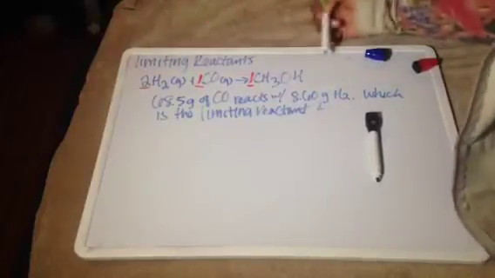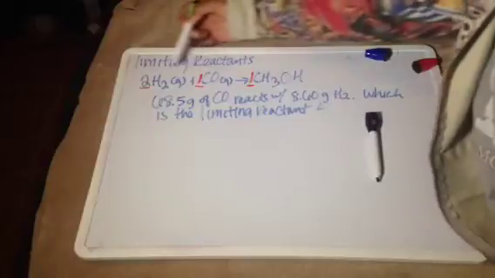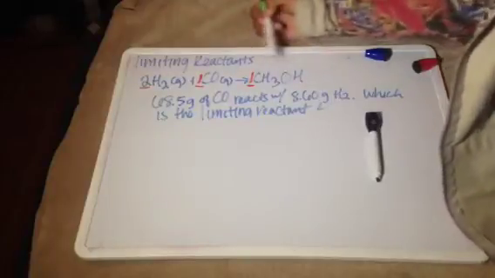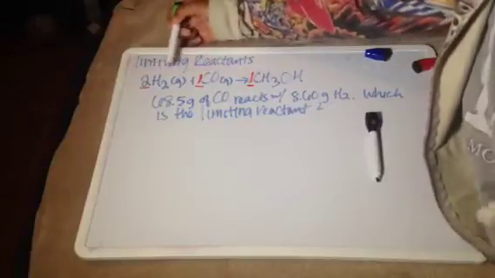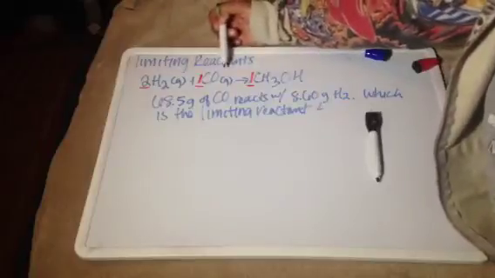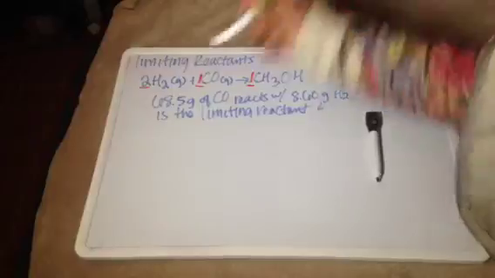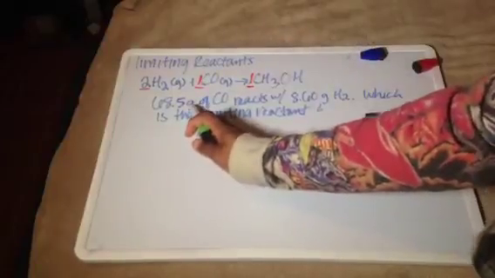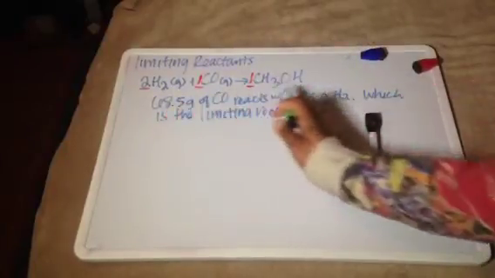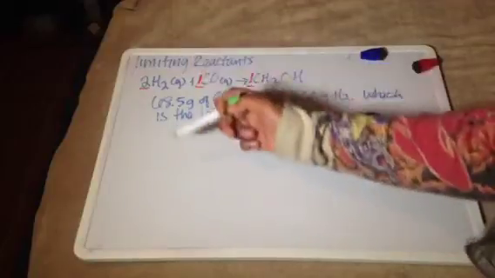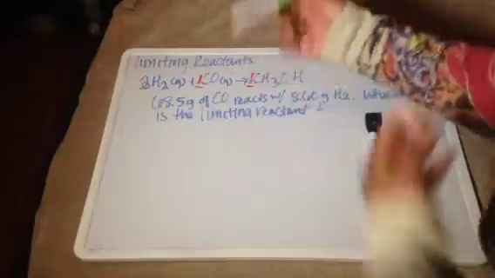And because this is set up so that it gives us data about each individual element and how they react to produce a product, that information is provided in moles. We have to translate this information into moles so that we can then calculate whatever information it is that we're being asked.